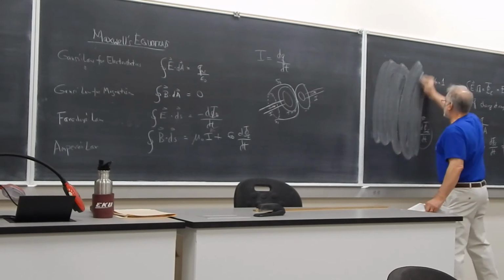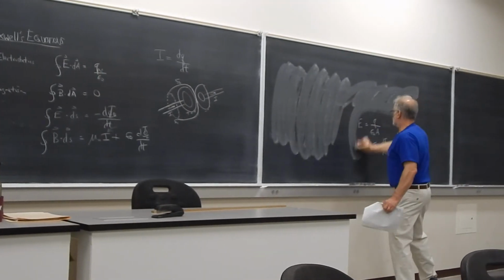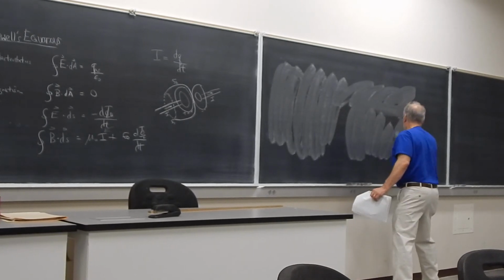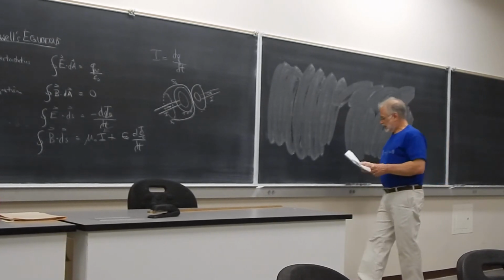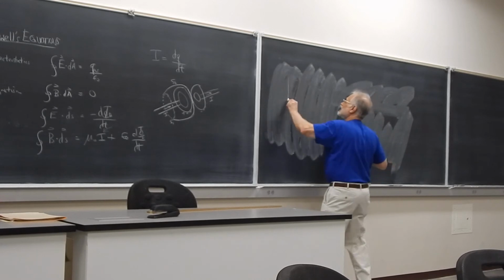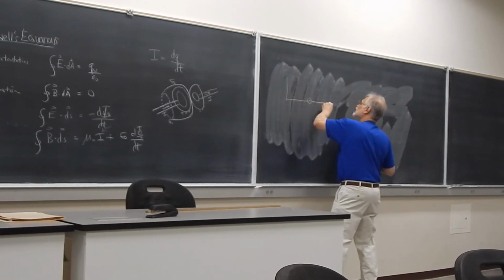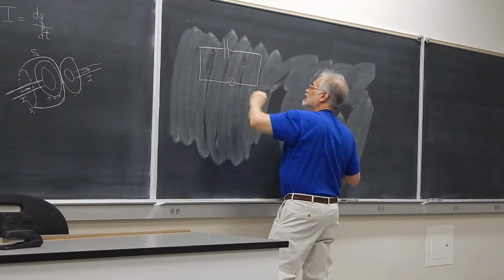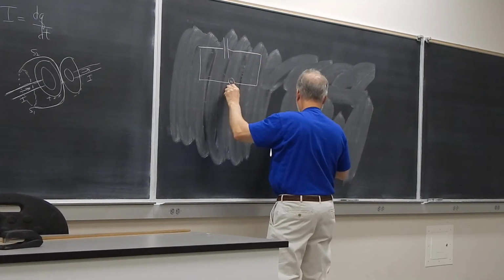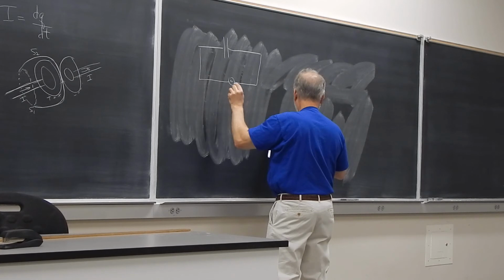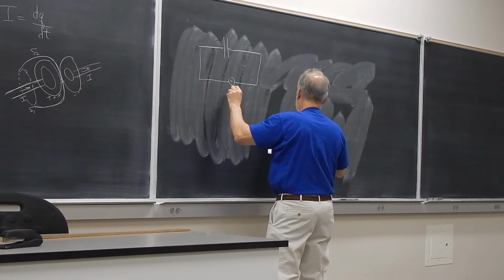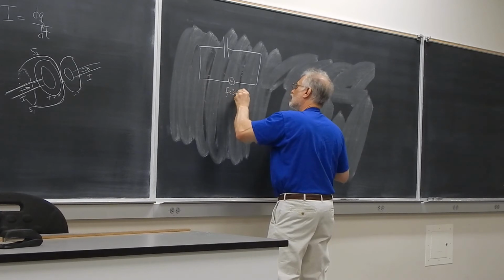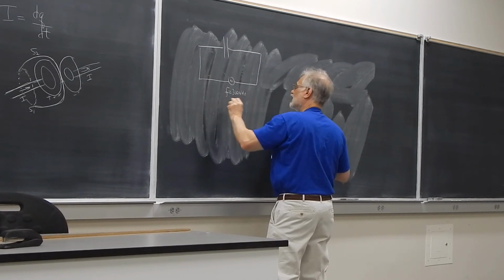Let's do a couple of examples of this. Suppose I have an alternating voltage, a sinusoidally varying voltage, where the frequency of the voltage is 3,000 hertz.